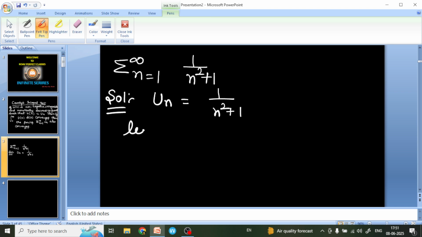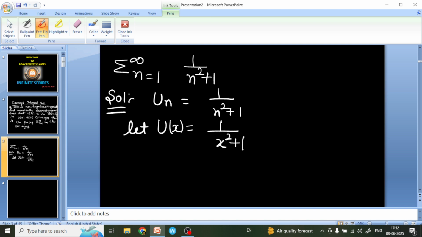Then let u of x be equal to 1 over x square plus 1.